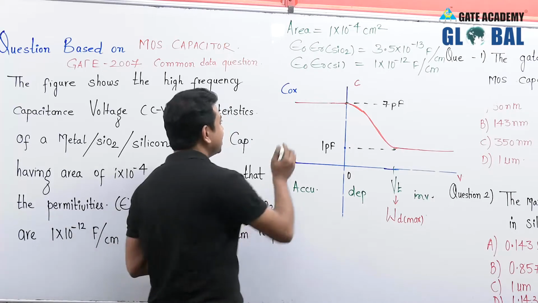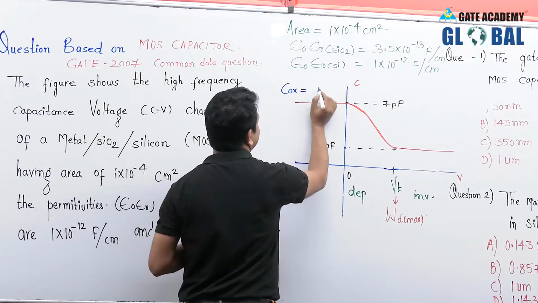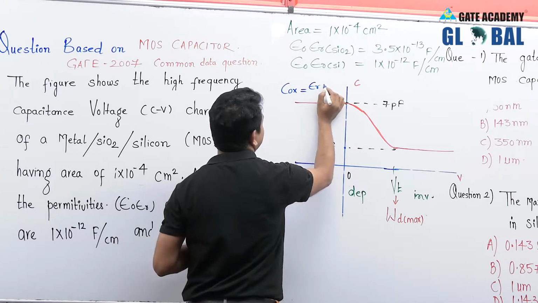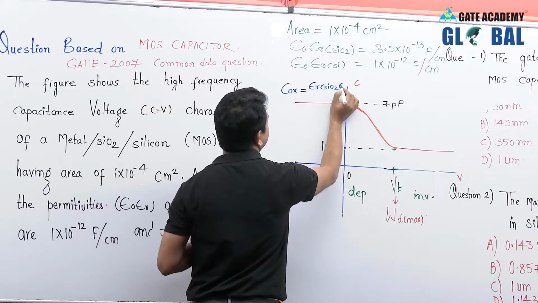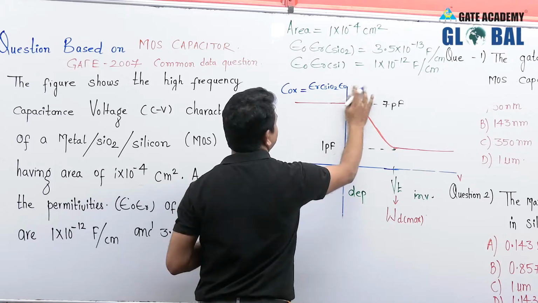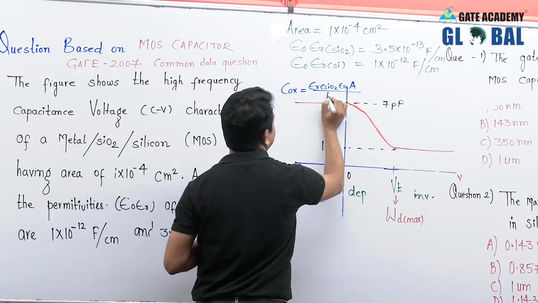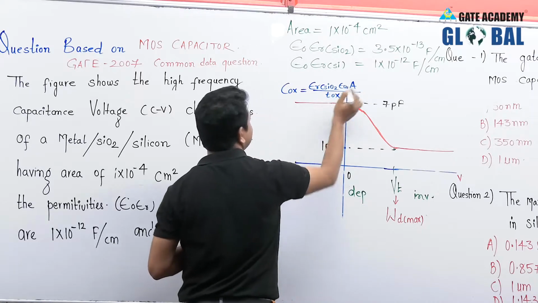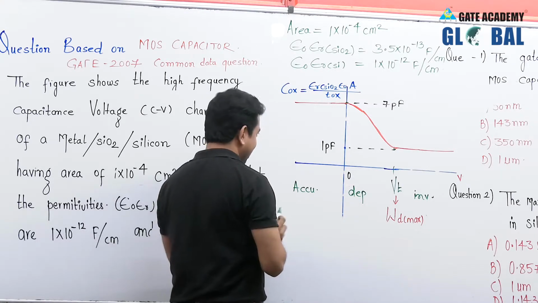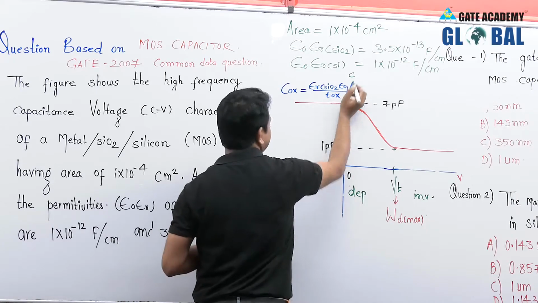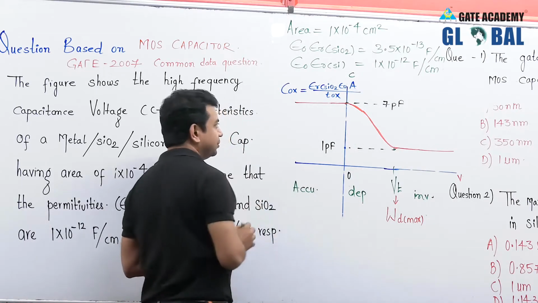Because of this, the oxide capacitance is epsilon of silicon dioxide into epsilon naught, into the area of cross section, divided by the thickness of the oxide layer. This is the capacitance in the accumulation mode.